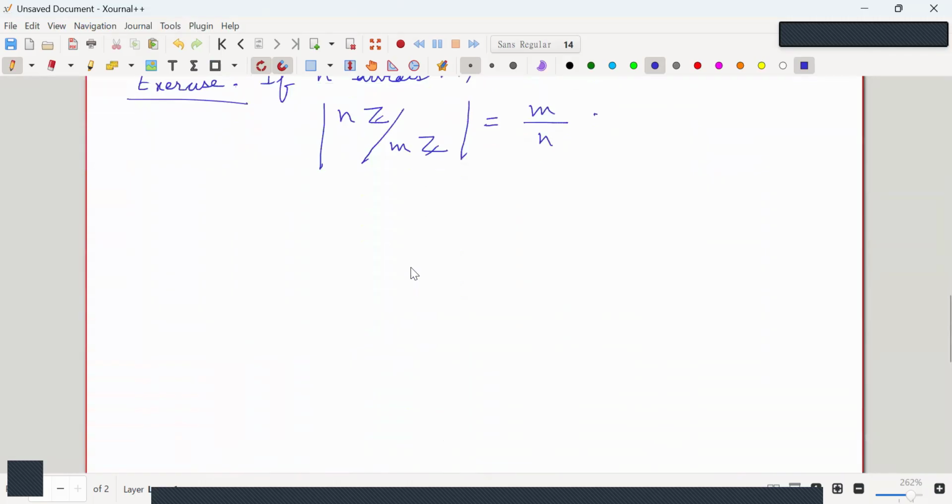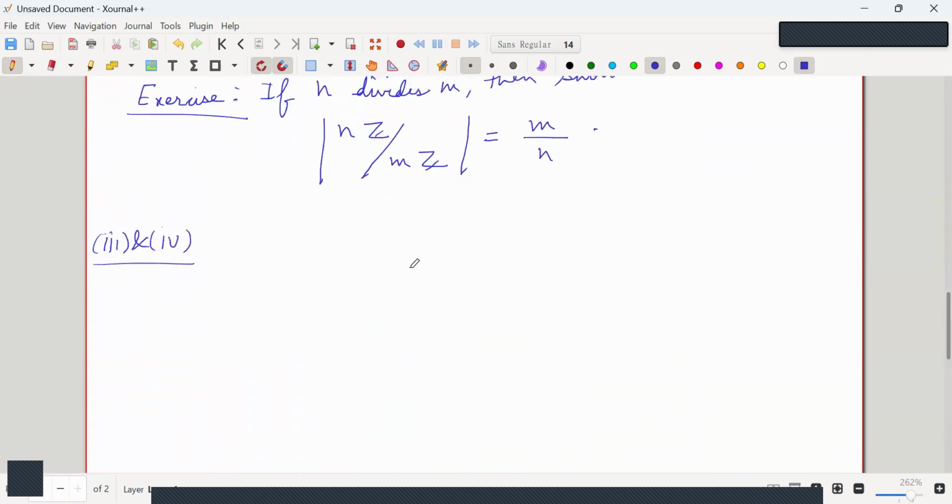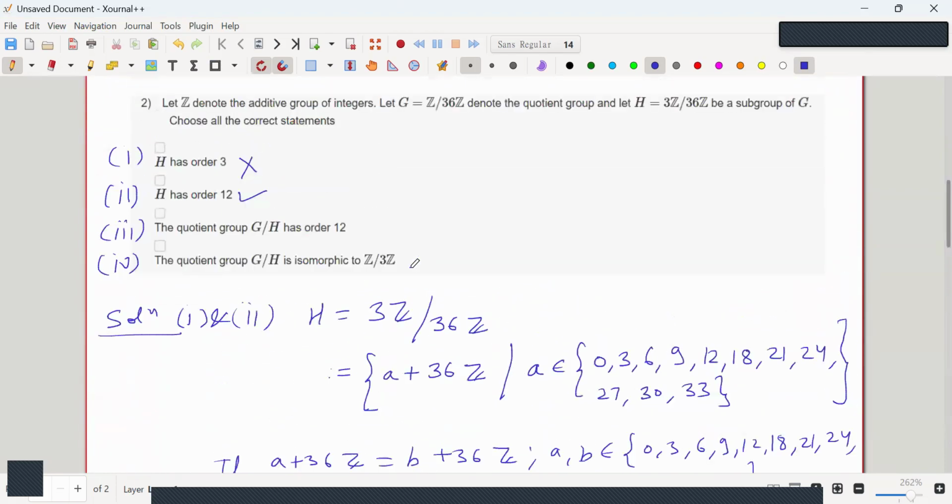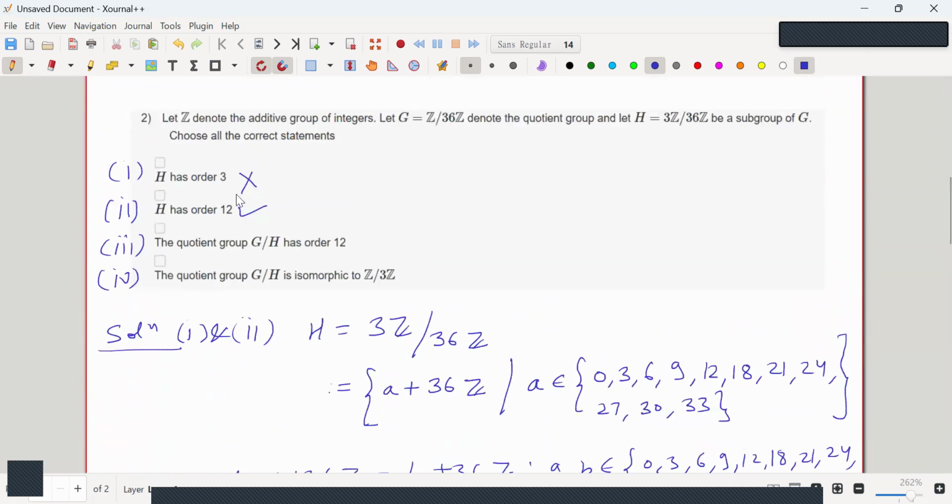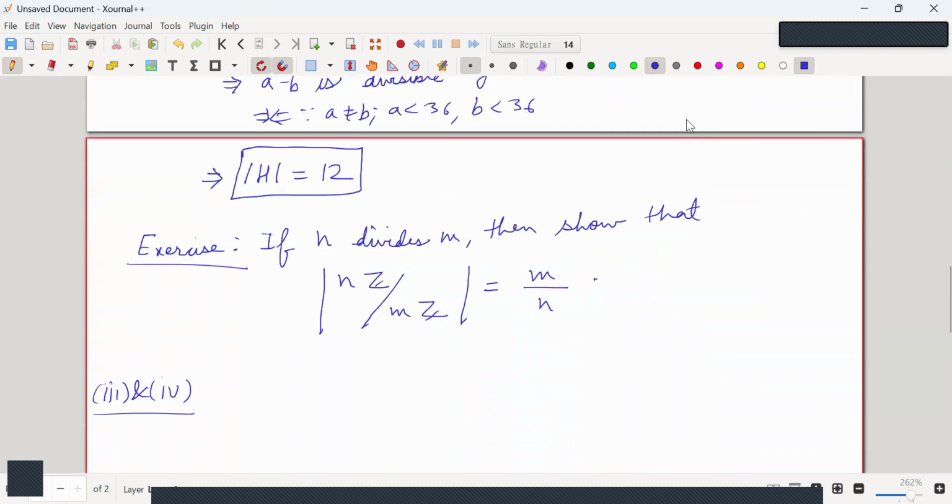Here maybe the third theorem can help us, although we don't require that. So what can we say about G by H when G is this and H is this? So this is not true. This is not true. What about the next one? That's true. That's just the third theorem of isomorphism.